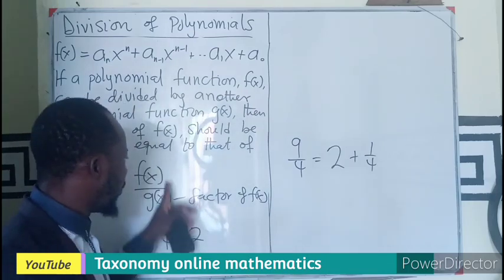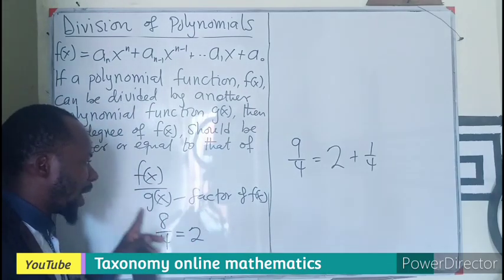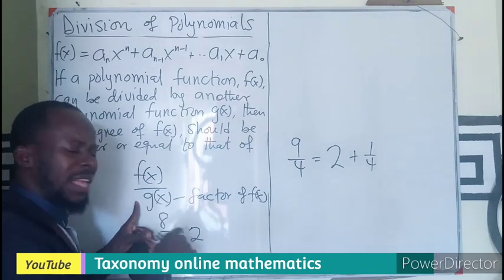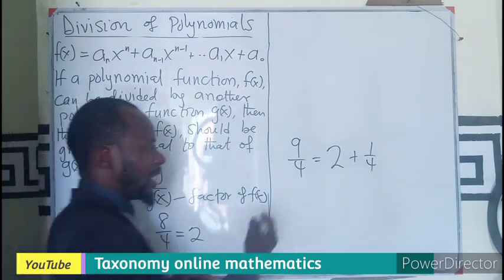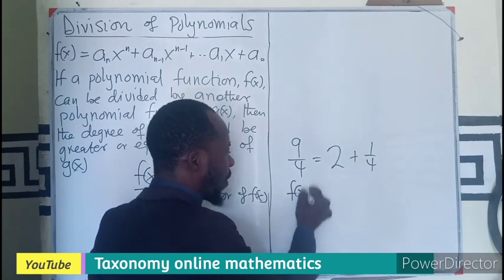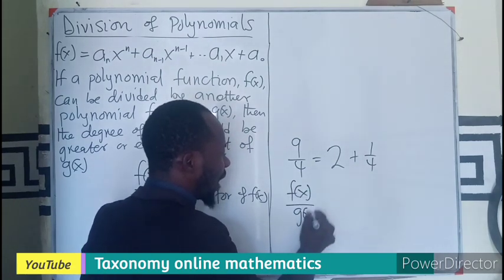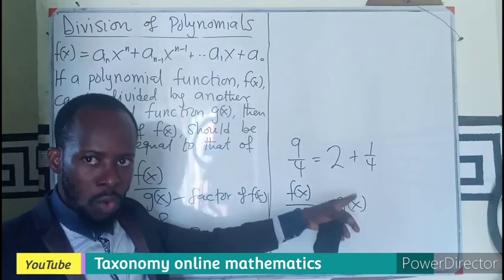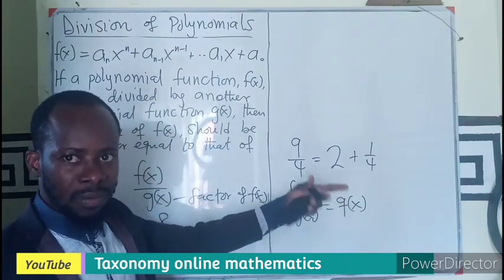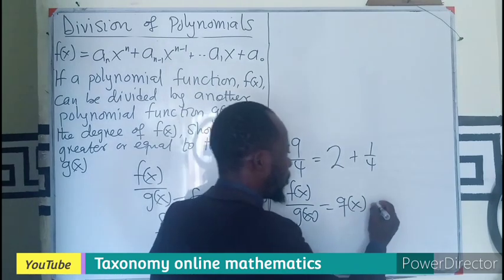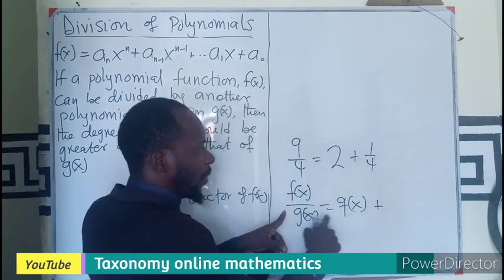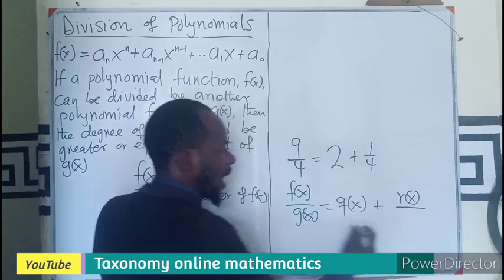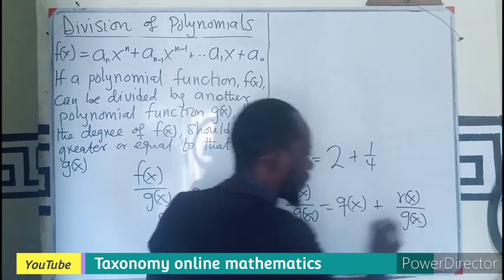So similarly, if you have a polynomial whereby g of x is not a factor, it means we can still have f of x over g of x equals our quotient polynomial, or quotient function, plus our remainder, which is also going to be a function, divided by our g of x.